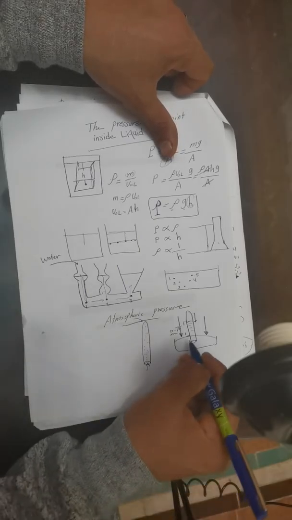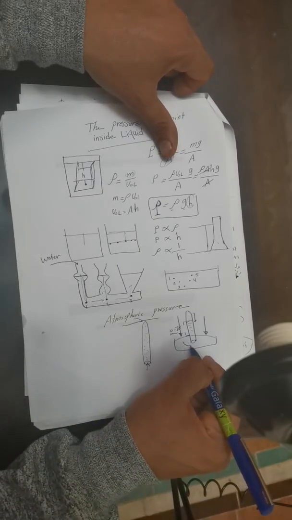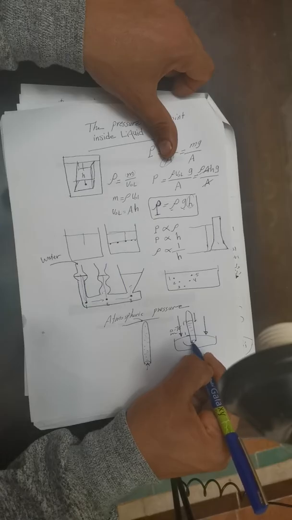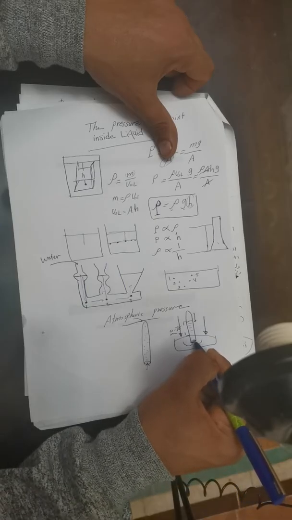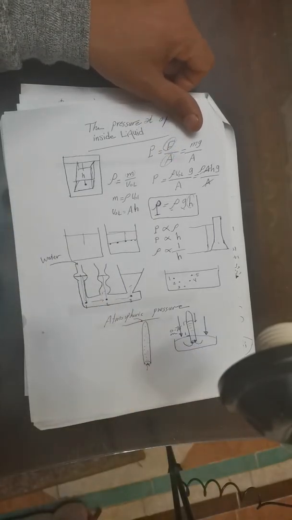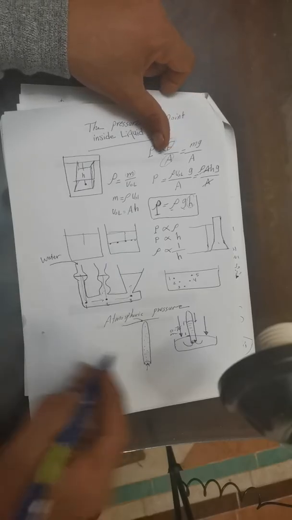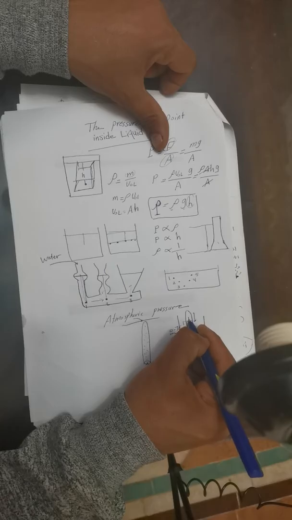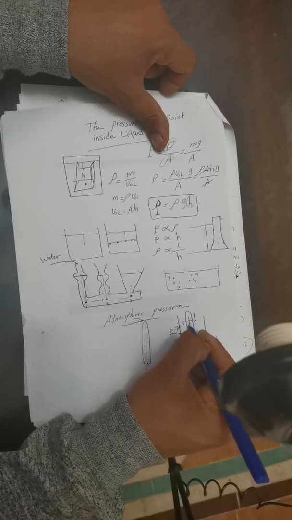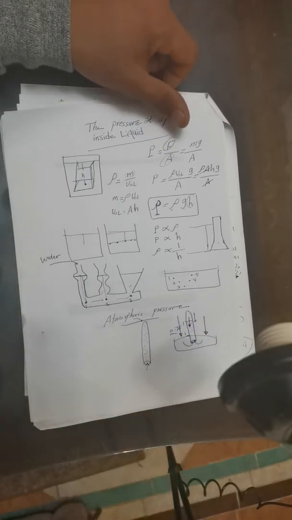So the mercury in the container tries to move up inside the tube, where another force applied from the weight of mercury inside the tube tries to fall down.